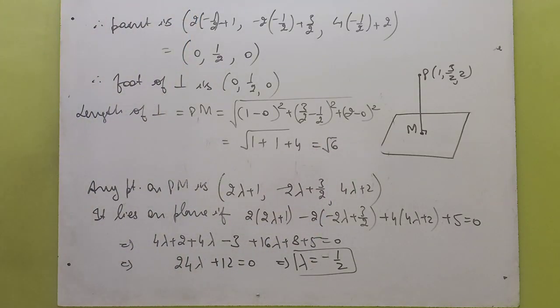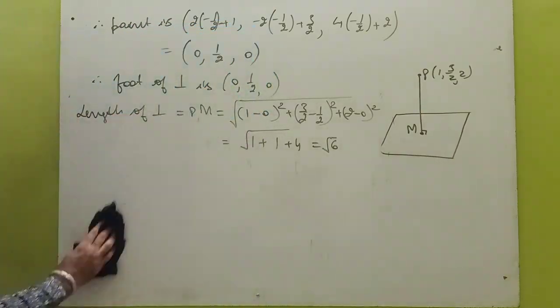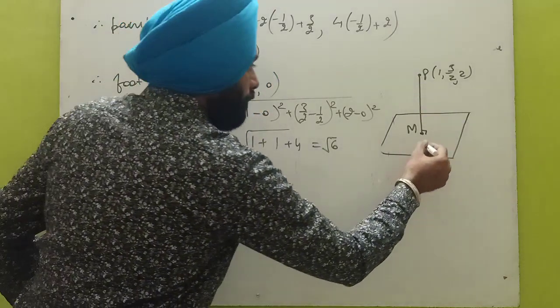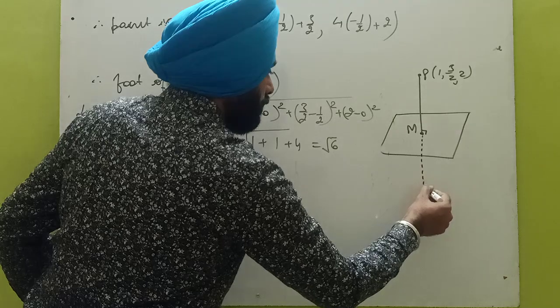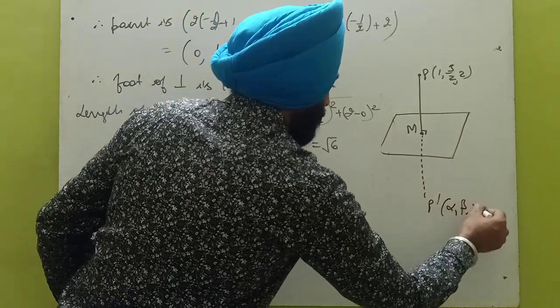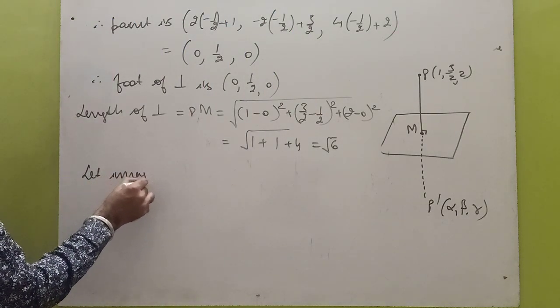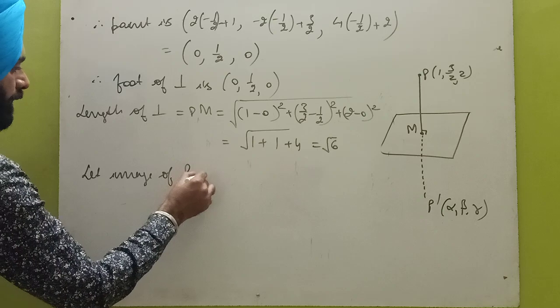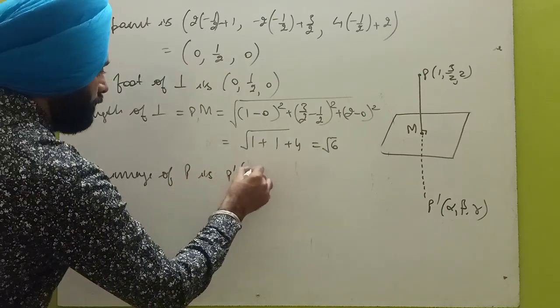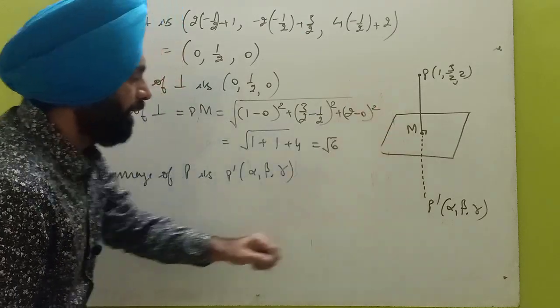Now we need only the image of the point. For that, first of all, produce PM to P dash, and let the image be P dash (alpha, beta, gamma). Now M is the midpoint of PP dash.